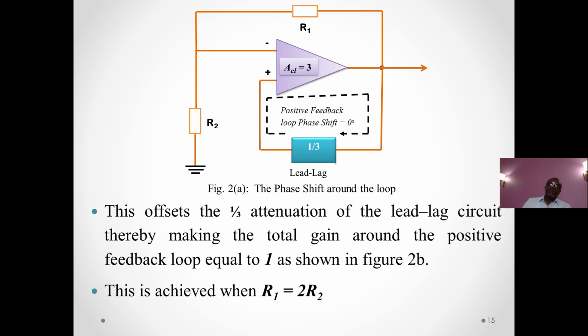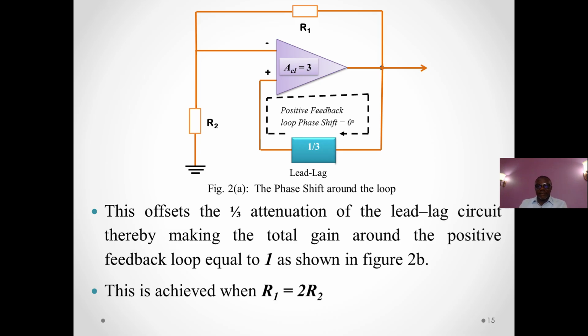So when the attenuation continues to be 1/3 of the output and the gain of the amplifier is 3, it continues to nullify and the constant output equal to 1 will be maintained. And we say that we reach this condition when the value of R1 is equal to 2R2.